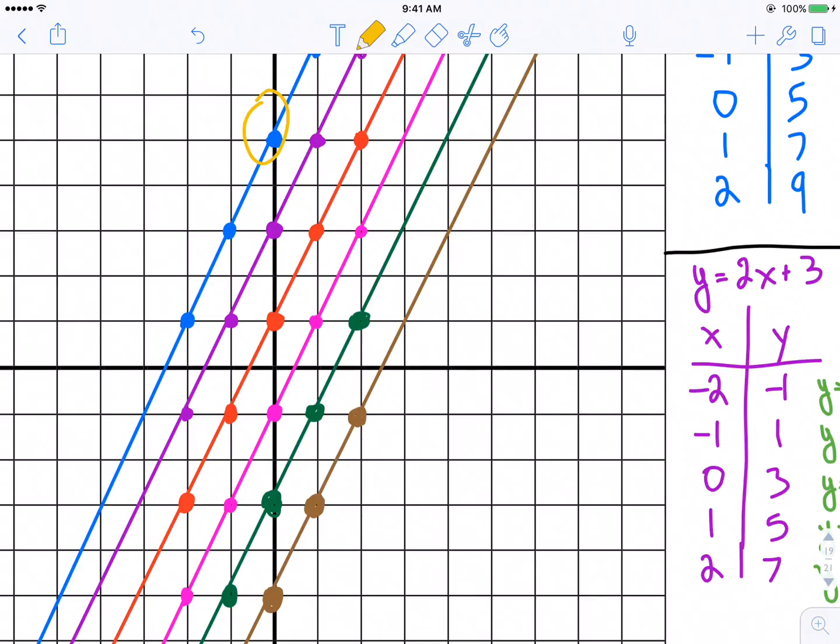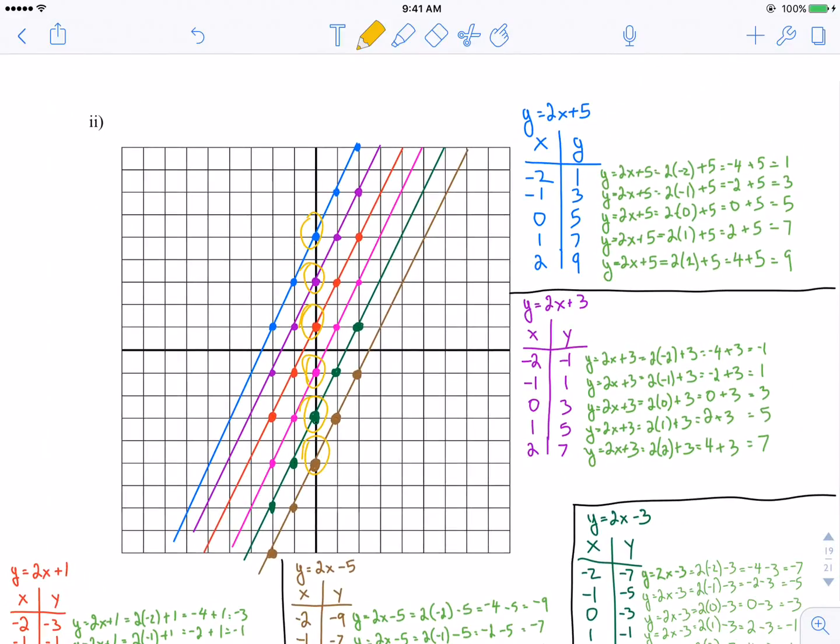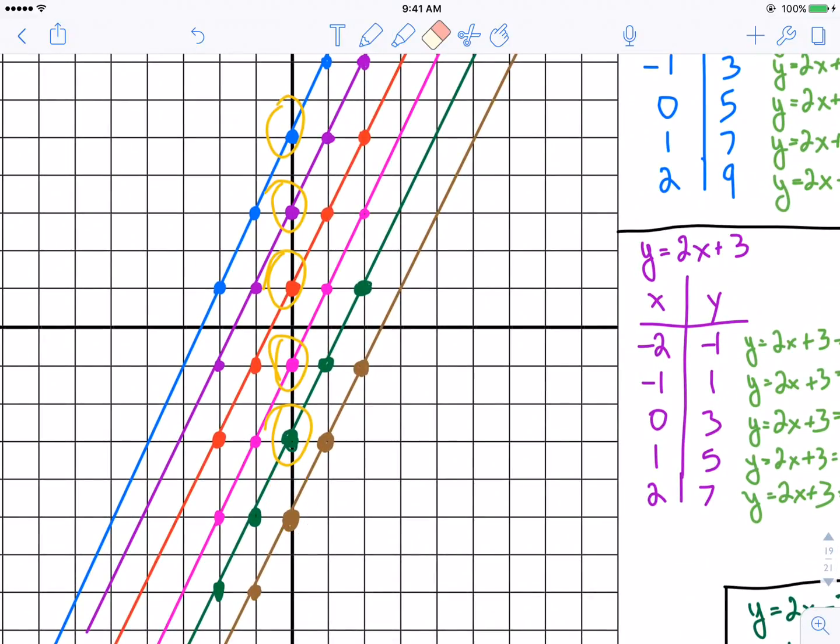This equation is here, this one's here, this one's here, and so on. What's different about all of the equations? Well, this value here and here and so on, which I'll look at when we go back there. Just let me try and erase these here without wrecking all my pretty lines.